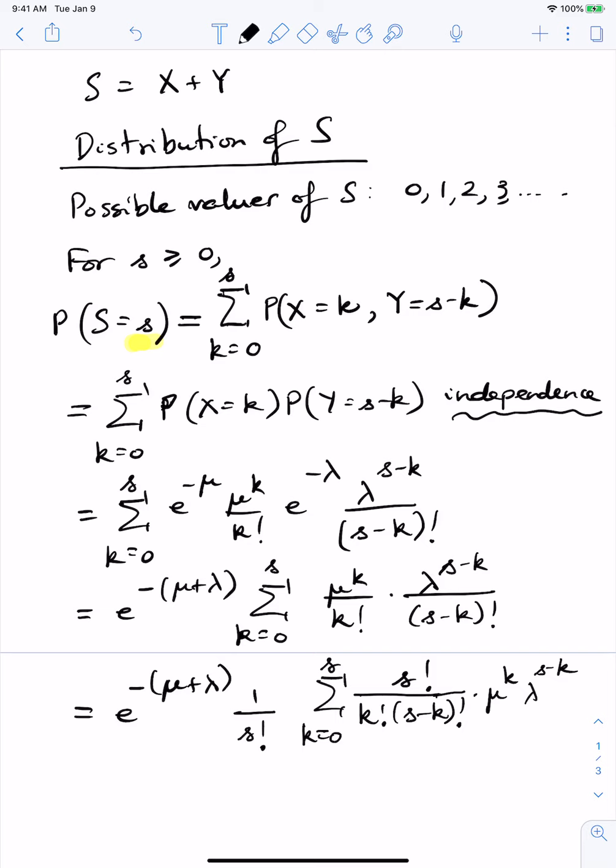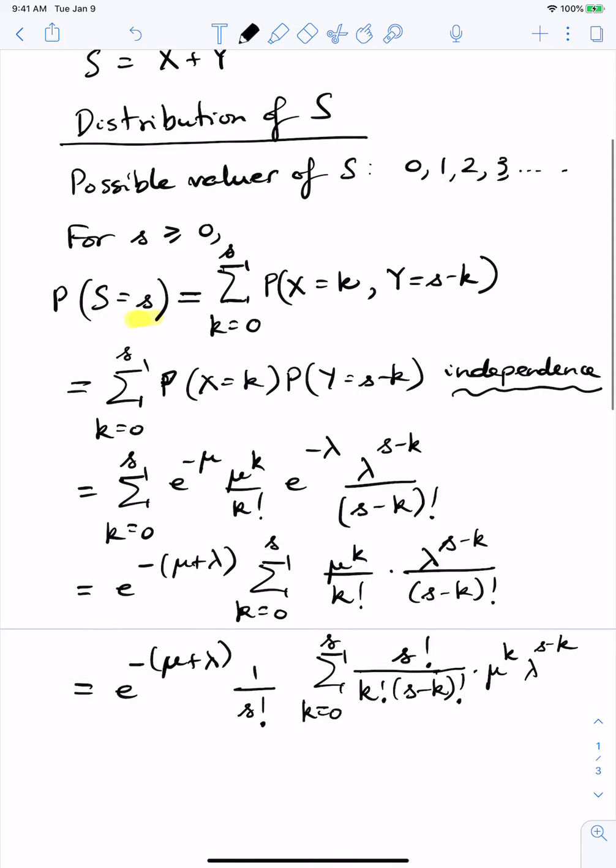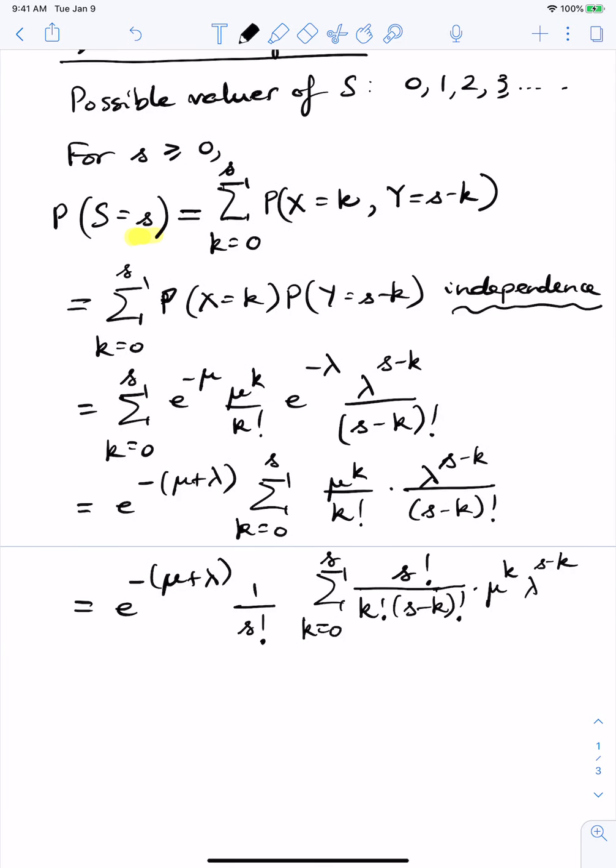You have e to the minus something, and you have an s factorial at the bottom, and that's the chance that your random variable is equal to s. This is looking very Poissonish. So let us examine that sum. We have e to the minus mu plus lambda, 1 over s factorial. Do you recognize that sum?